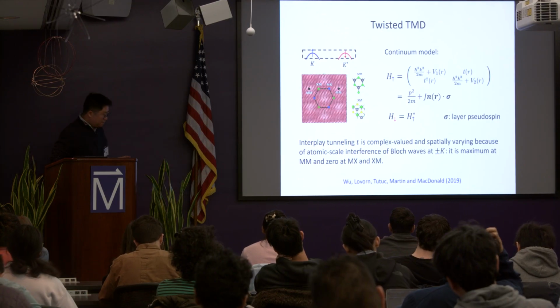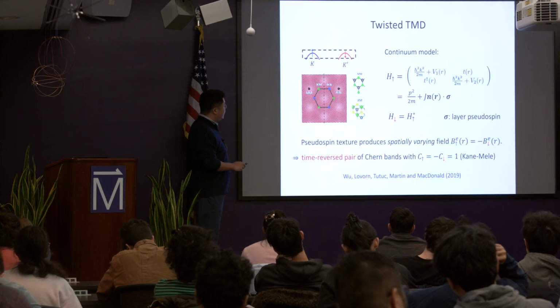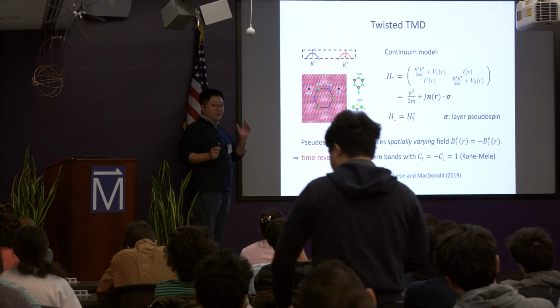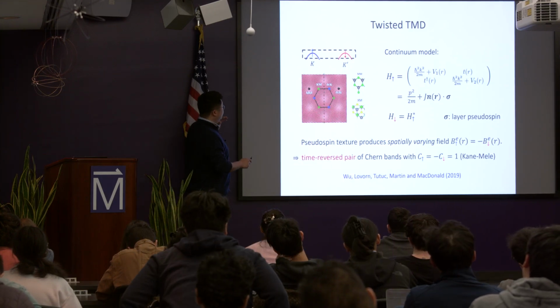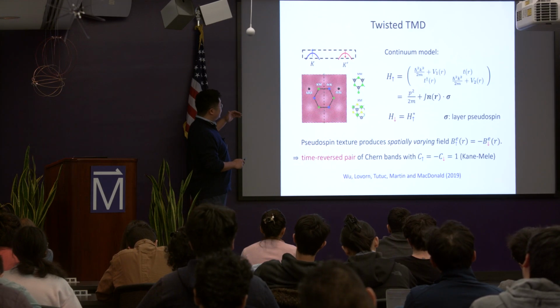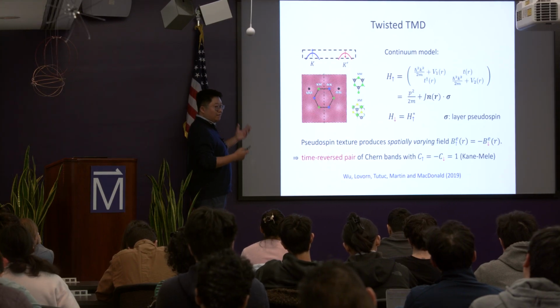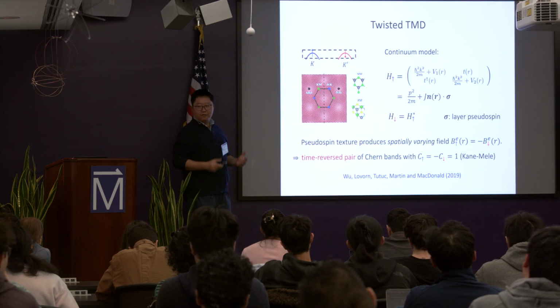But this is not the full story. Everything I've told you is for a spin-up electron that lives in valley K. This material itself is nominally non-magnetic. So there's also a spin-down state, which is a time-reversal partner, and that lives in K prime valley. So the emergent magnetic field is equal and opposite for the two spins, for the two valleys.